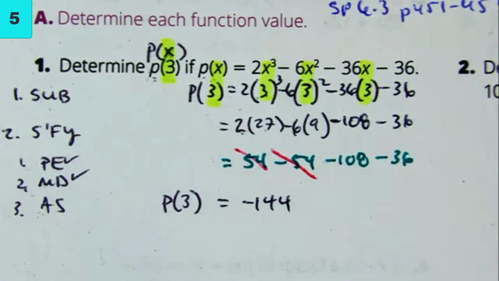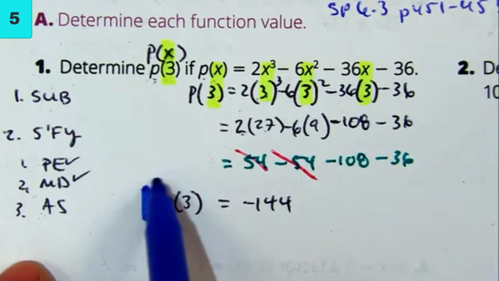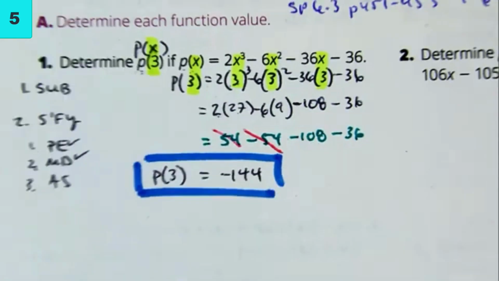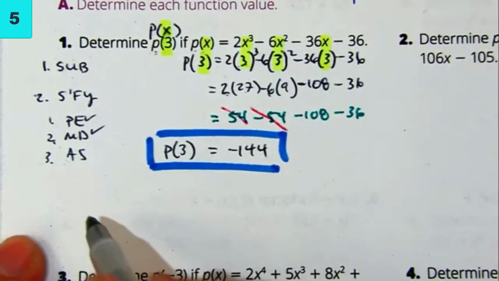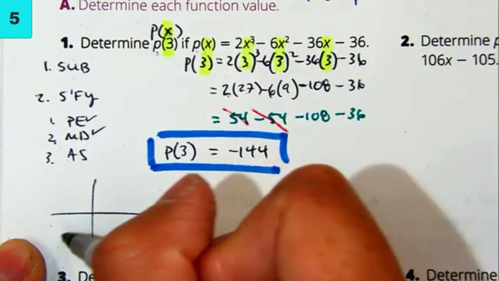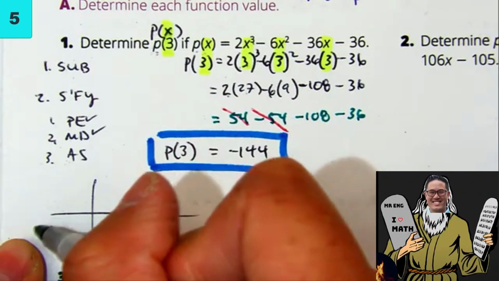I'm going to show you guys a visual of what this means, and then we'll actually use calculators. Okay, what does this mean? It's basically saying if you have a graph and it's a cubic function, something like this, right?